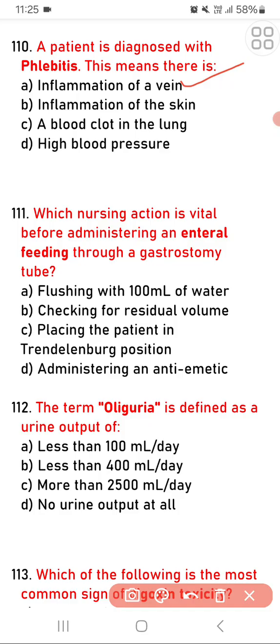Which nursing action is vital before administering an internal feeding through a gastrostomy tube? Checking for residual volume. The term oliguria is defined as a urine output of less than 400 ml per day.